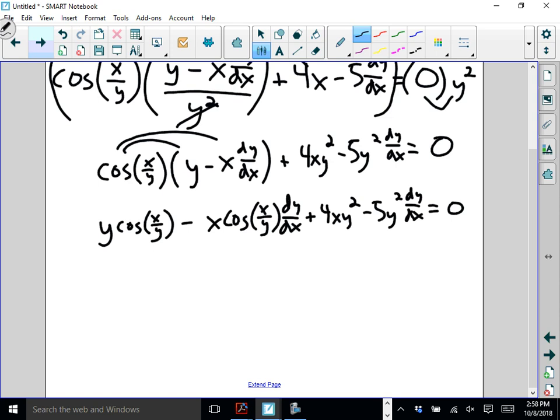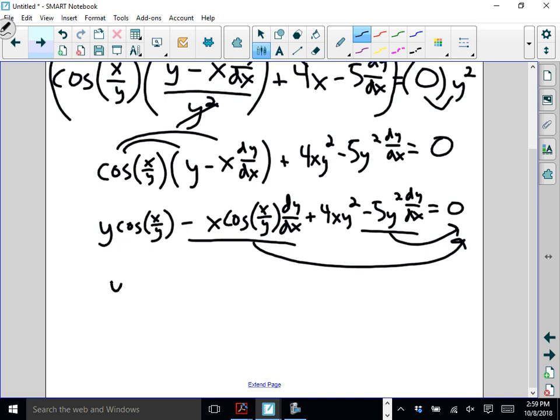Now I want the dy dx's on the same side, which they are. I notice they're both negative. I can make my life a little easier if I take these two dy dx terms and move them to the other side. Then everything is in a positive, which is just going to make life a little bit easier.